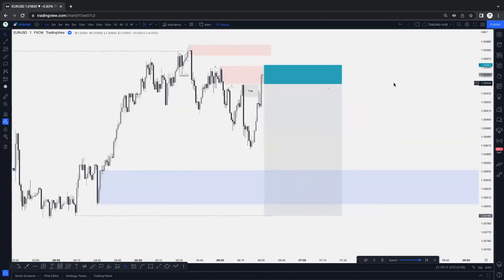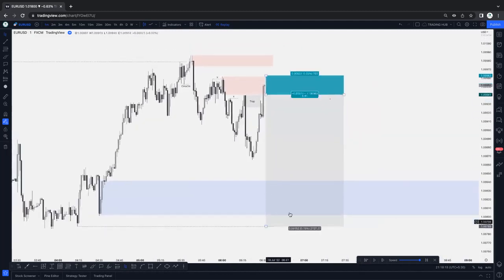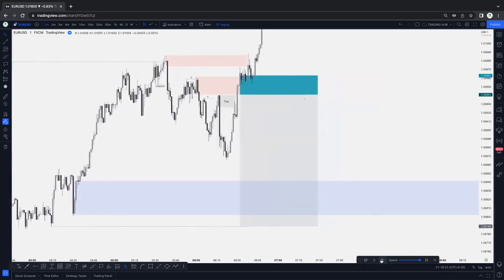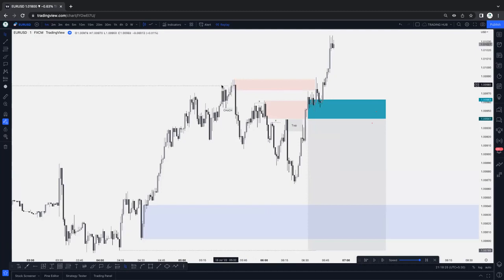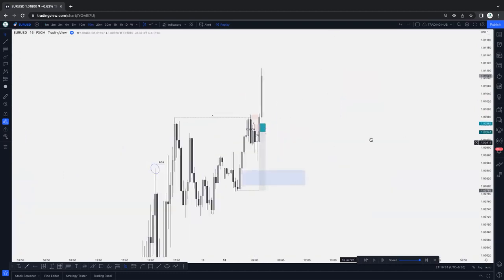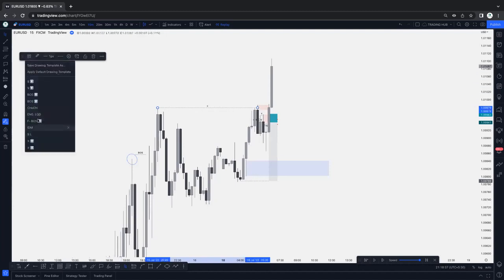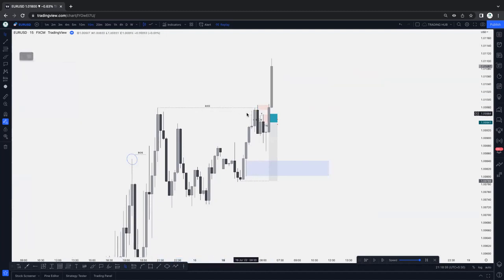And now let's see what happened next. Market breaks the major structure and closes above it, I think in a 15 minute. So this sweeps the high and converts into a break of structure.